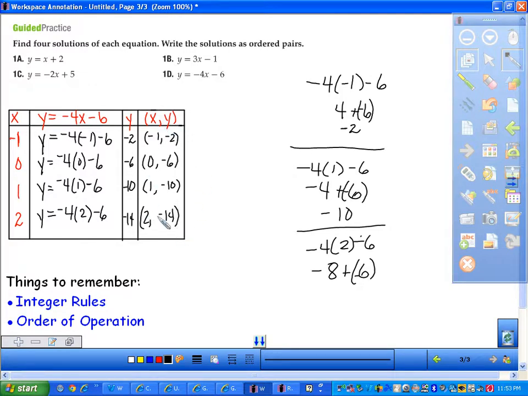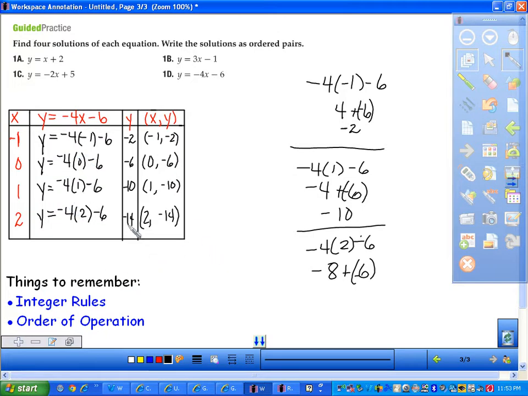Then we would graph our ordered pairs right here and connect the dots to form our linear equation. As you can see in our table, we keep increasing by 4 every time. We keep increasing by a negative 4, and that's this negative 4 right here in the front.